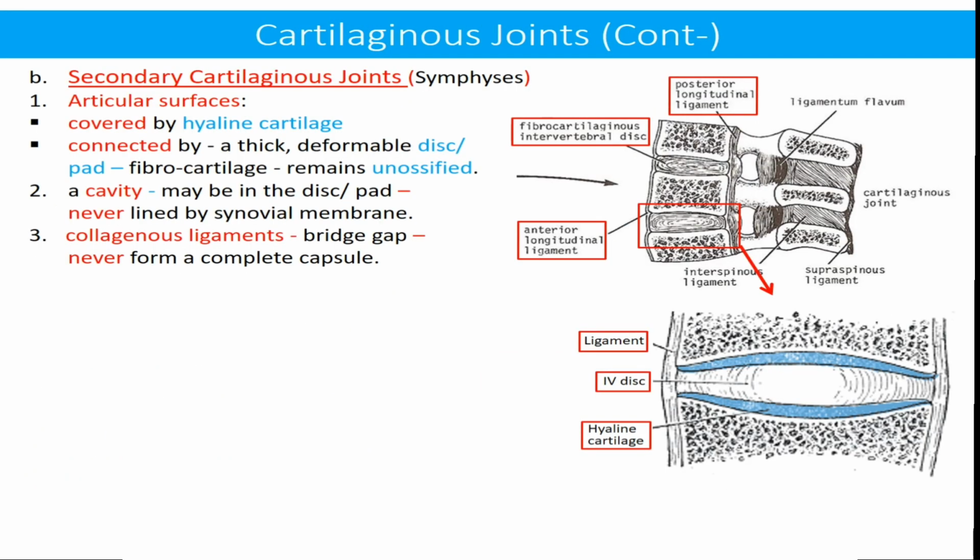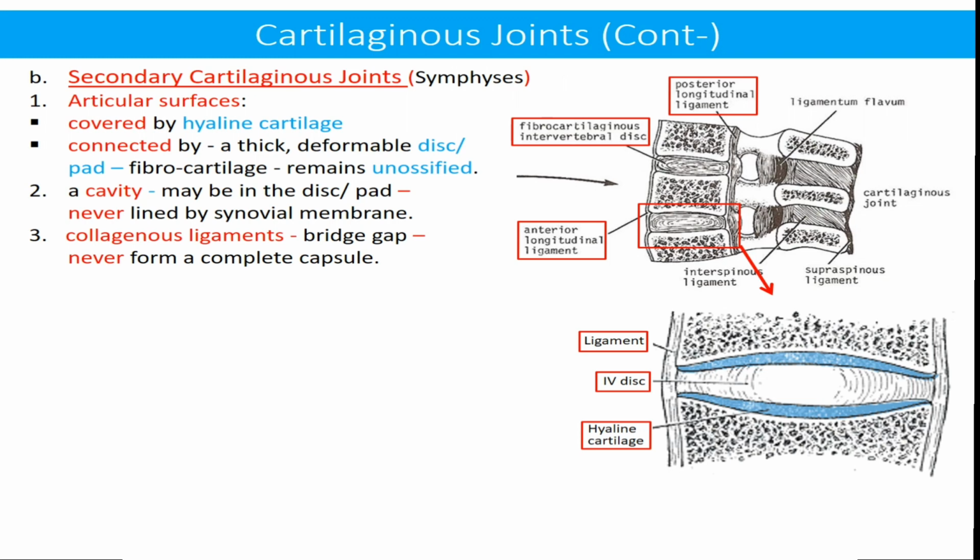Secondary cartilaginous joints, which are also named as symphyses. The articular surfaces are covered by a layer of hyaline cartilage, and they are connected by a thick deformable disc or pad of fibrocartilage, which remains unossified.